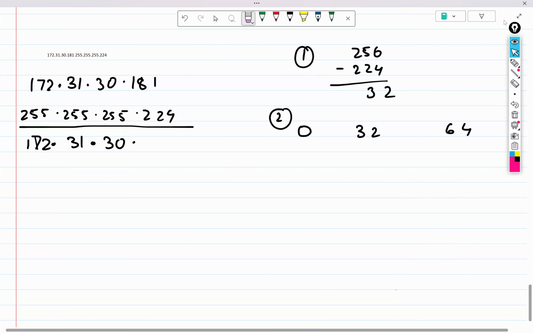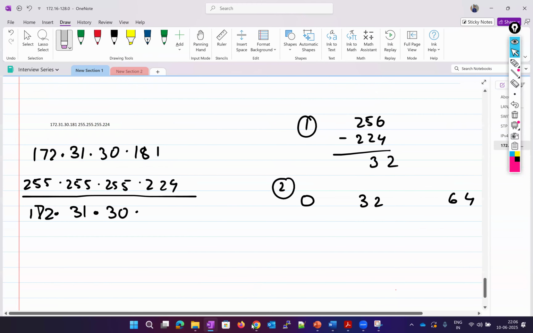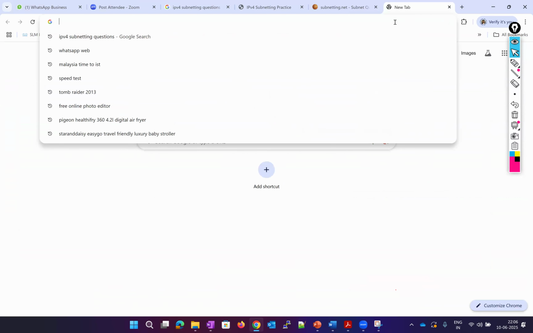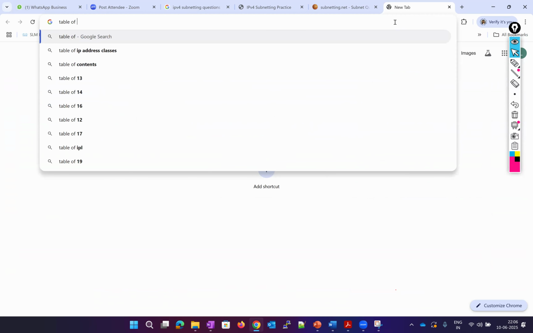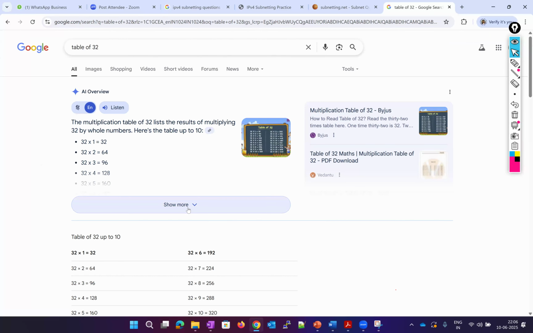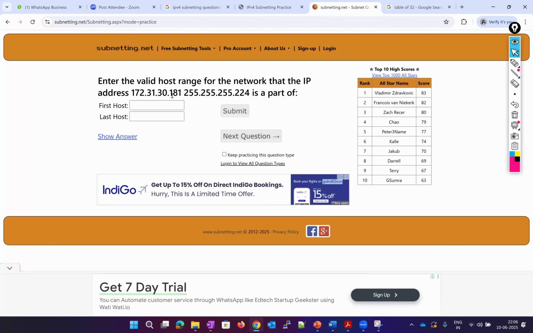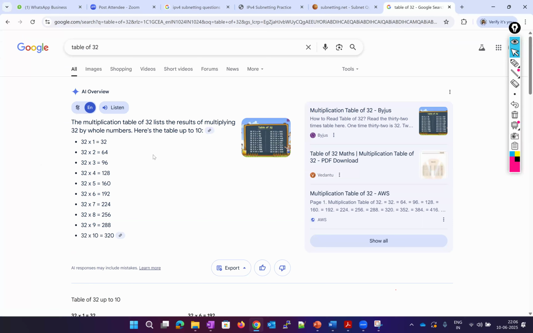I'm weak at math, sorry, so I'm just opening up the calculator here. Okay, so 32, 64, 96, 128. Where is 181? 181 lies between 160 and 192.